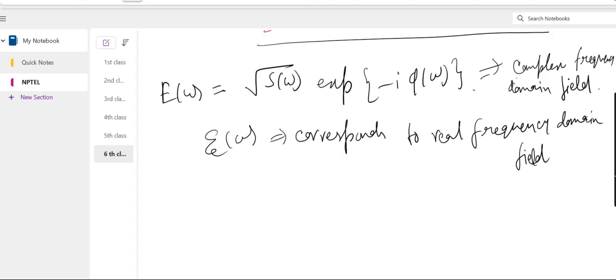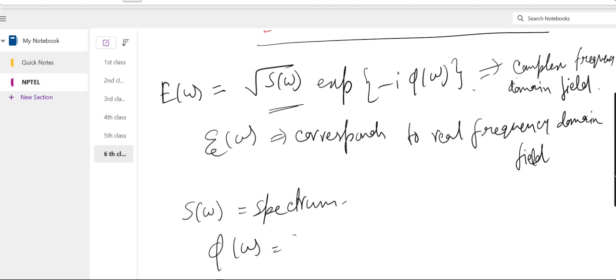And this S of omega is called the spectrum. And phi of omega is called the spectral phase.